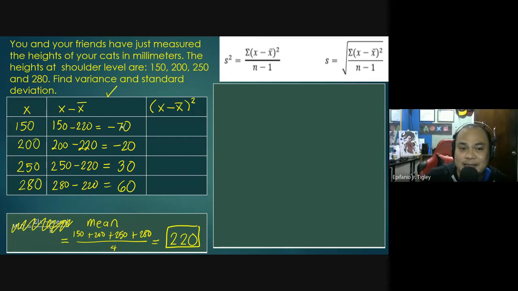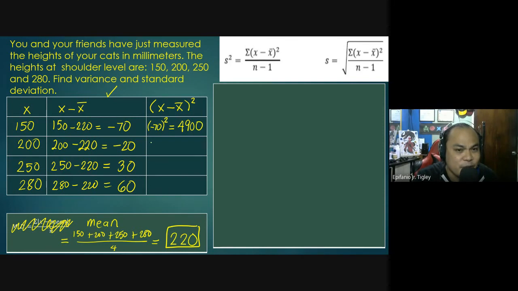How much is that? You can use your calculators, please. 70 times 70 is how much? 4,900. That's totally right.